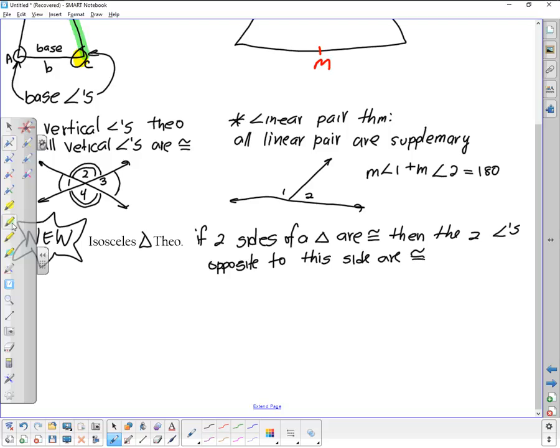Okay, what's important in this theorem is that you have to know what the opposites are. Remember, opposite means further away from them. So if you make a schematic, draw a triangle, and let's call that triangle ABC. And then if two sides are congruent, let's say this side is congruent to this one.